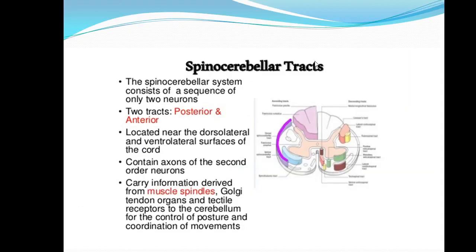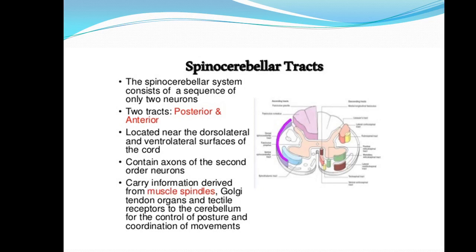Then the spinocerebellar tract. The spinocerebellar system consists of a sequence of only two neurons. There are two tracts, that is, a posterior and anterior. So the sensory tracts are of two types. That is, three neuronal tracts and two neuronal tracts.